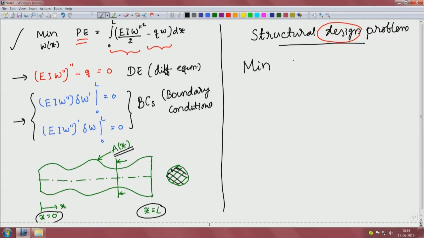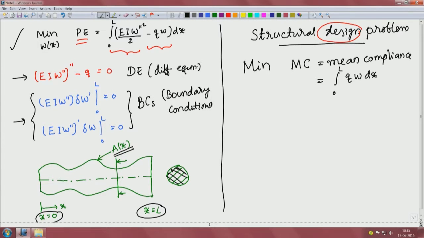One of them is called mean compliance, we will call it MC, which is given by basically the integral from 0 to L of Q times W dx.